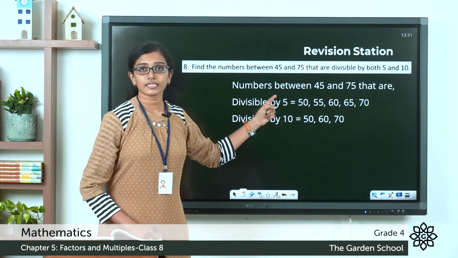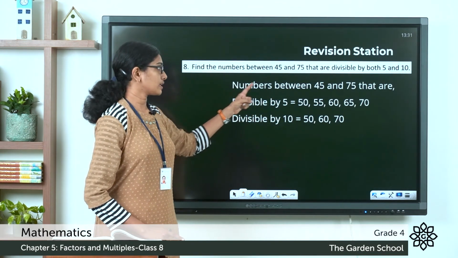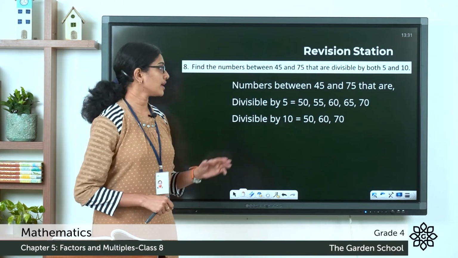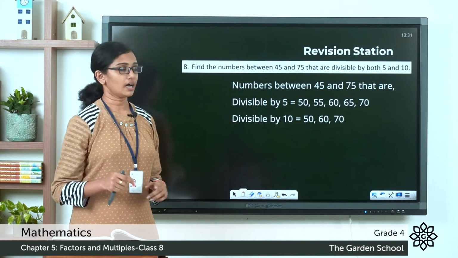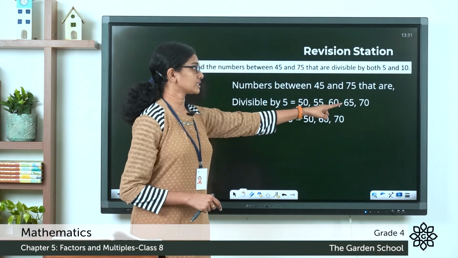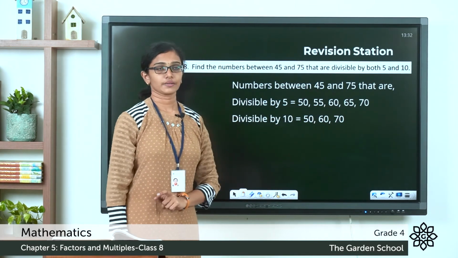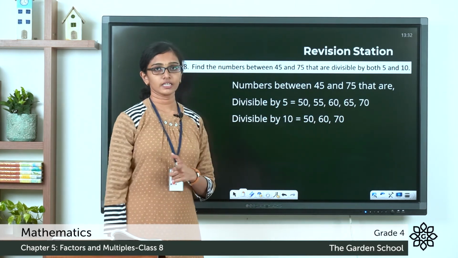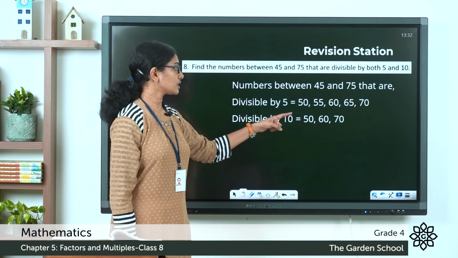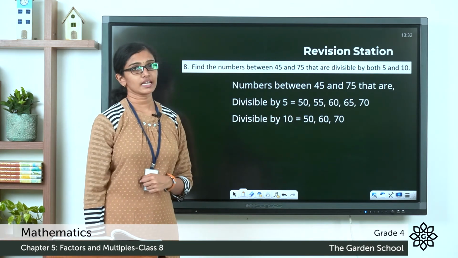So, let's first see the numbers divisible by 5. The numbers between 45 and 75 that are divisible by 5 are 50, 55, 60, 65 and 70. And divisible by 10, the numbers ending with 0, are 50, 60 and 70.